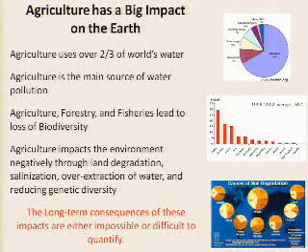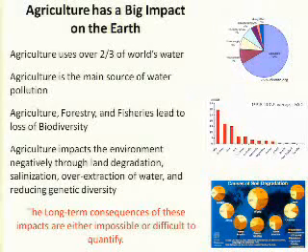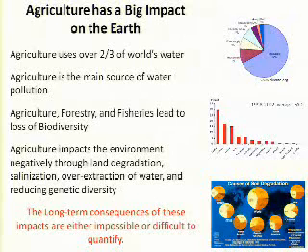Agriculture has negatively impacted land through degradation, salinization, over-extraction of water, and reduced genetic resources. We are facing severe questions as of now due to some agricultural practices, and these can be impossible to reverse or difficult to quantify.